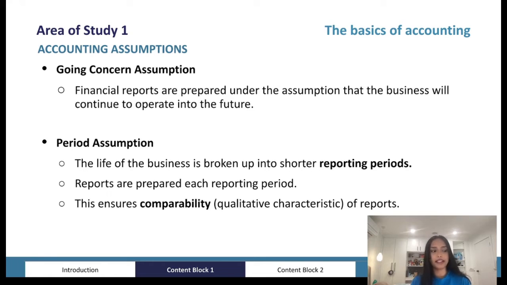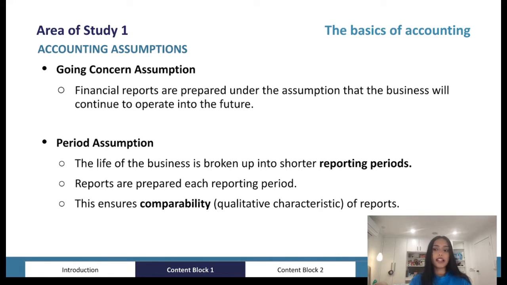So at the very least, businesses have to prepare their accounting reports once every year because the ATO requires that of all businesses. But a lot of businesses will choose to prepare reports every quarter or every few months or every fortnight or every week or every month.